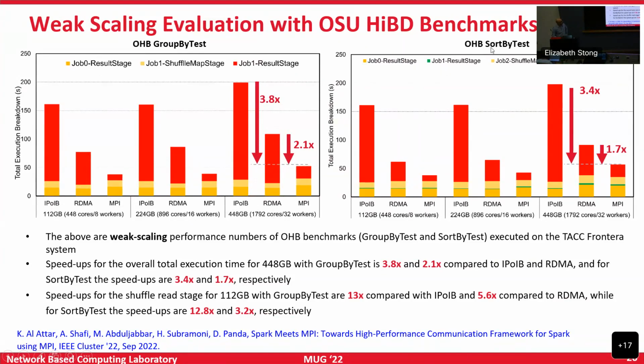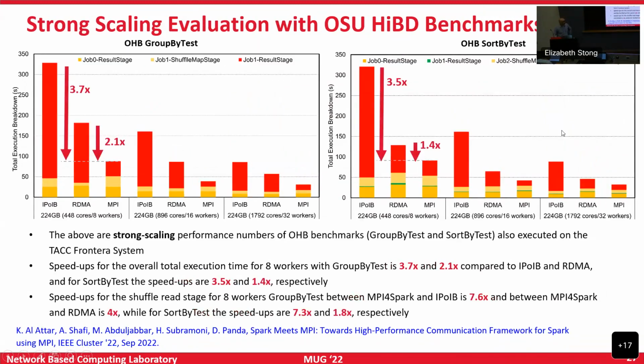We see similar gains for sort by: 3.4x against vanilla Spark and 1.7x against RDMA Spark. For strong scaling results, we see similar trends: 3.7x and 2.1x for group by, and for sort by we also see similar performance gains.